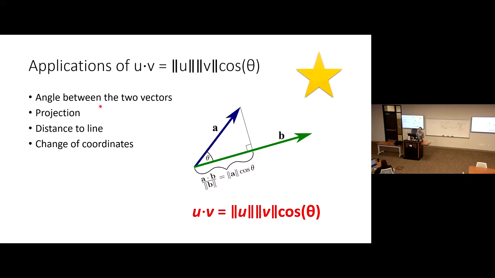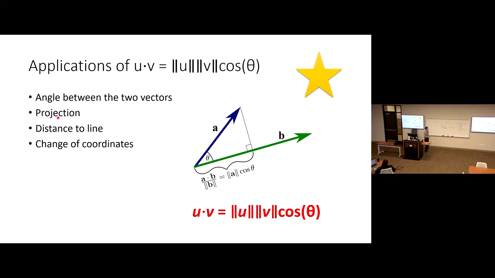You can use this to compute the angle between 2 vectors, because you can rewrite this relationship into cosine theta equal to u times v divided by the length of u times the length of v. Okay, so this tells you the angle between these 2 vectors. So this is the first usage.